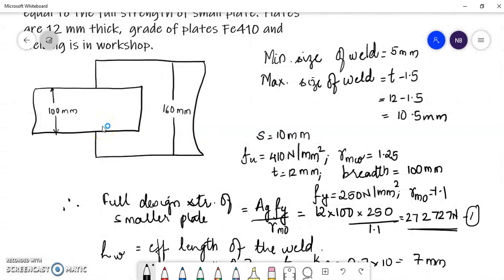So this is how we are going to provide it: 105 mm on this side and 105 mm on this side, which will come to 210 mm total. This solves our problem. We were asked to design the fillet weld, and we have to find out the length, which we have found out. Thank you.